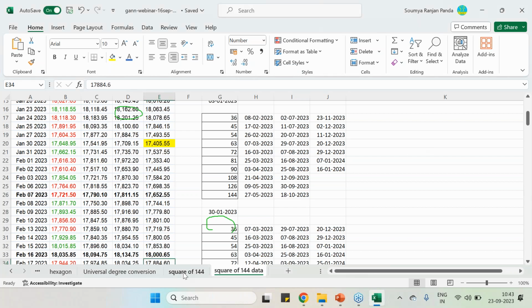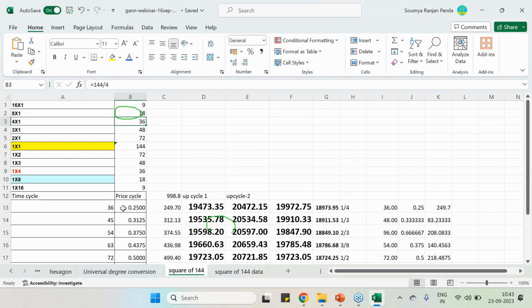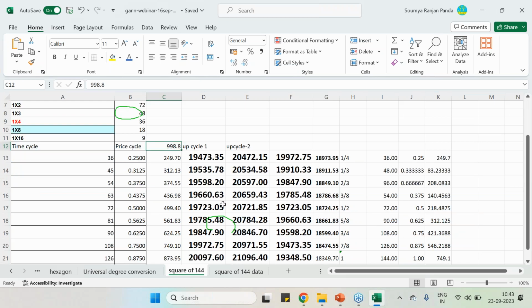So two things: the time cycle divided by 144 gives the price cycle. That ratio is multiplied with the price range that happened in that particular month or the previous month. So you can take the previous month and forecast for the next month.